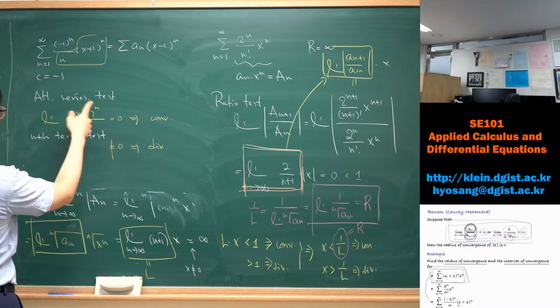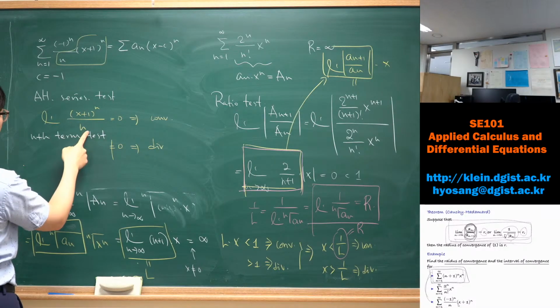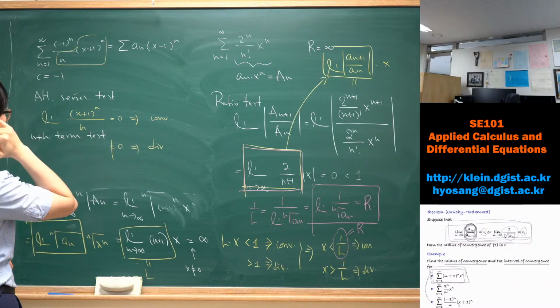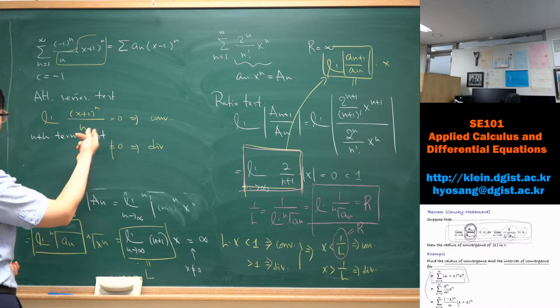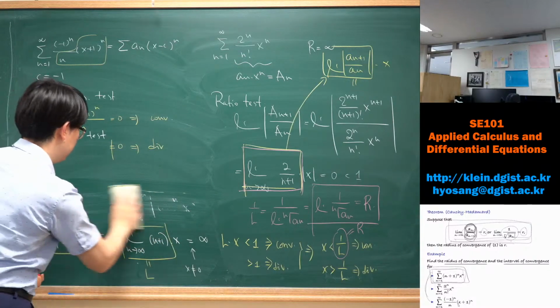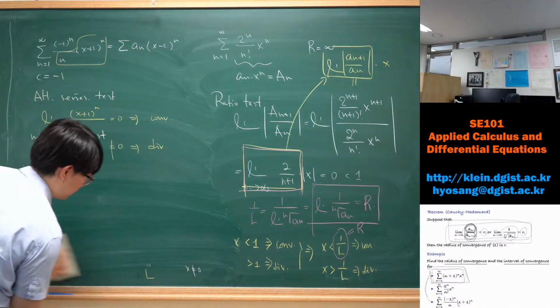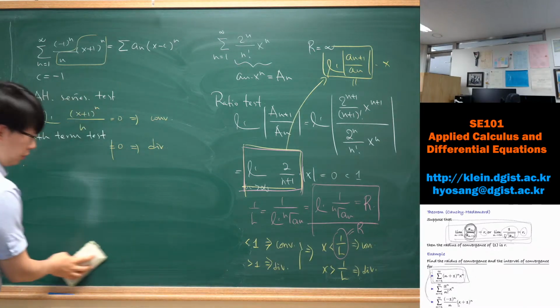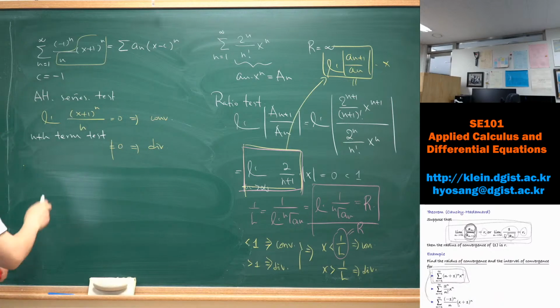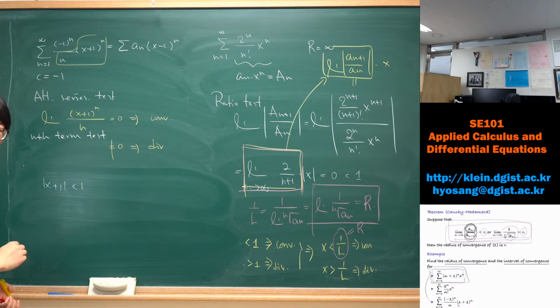So whenever you have this ratio, as n goes to infinity, when does it go to 0 and when does it not go to 0? If the absolute value of x plus 1 is less than 1, so it's a number less than 1, then its power goes to 0.